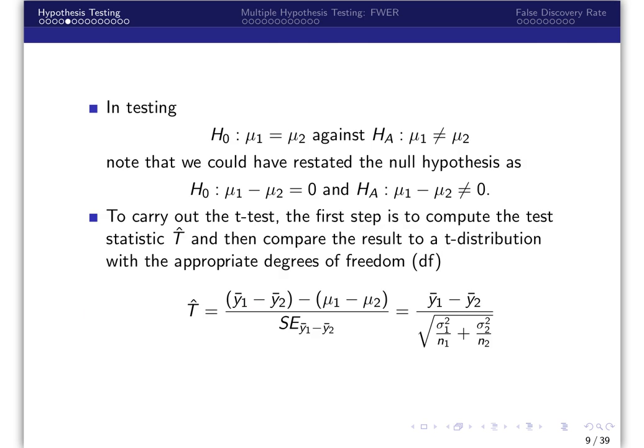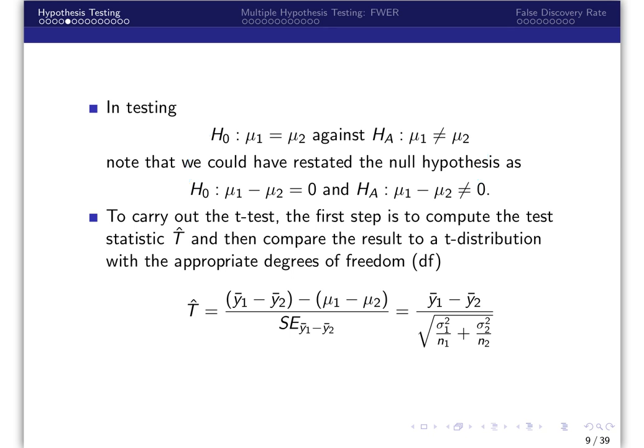When testing the null hypothesis that the two group means are equal, against the alternative hypothesis that the two group means are not equal, we can equivalently write the null and alternative hypotheses as the difference between the two group means being equal to or not equal to 0.